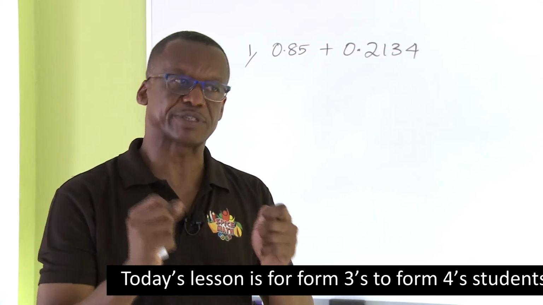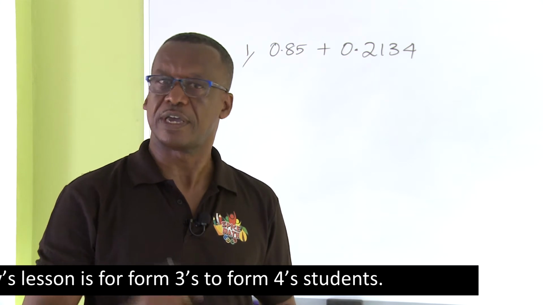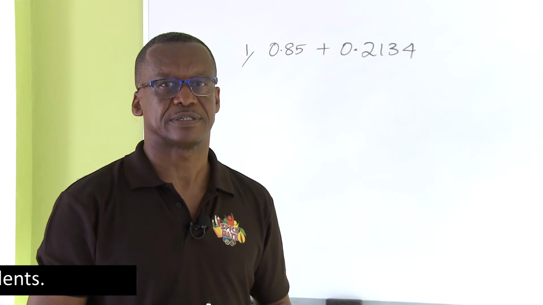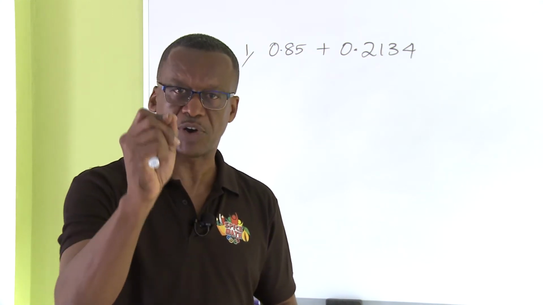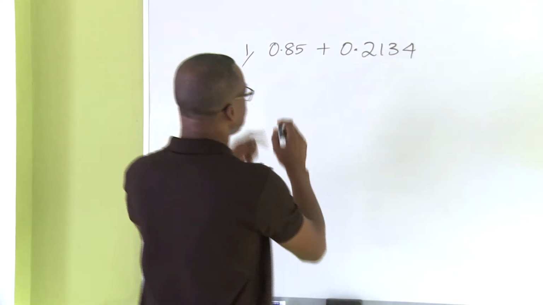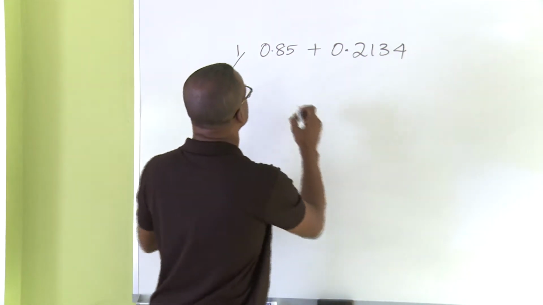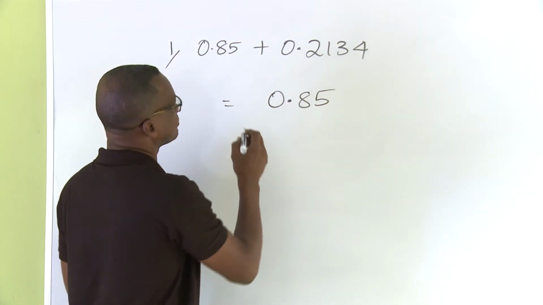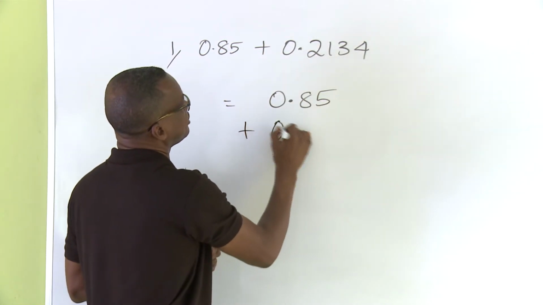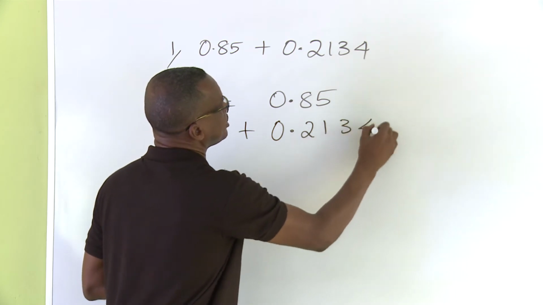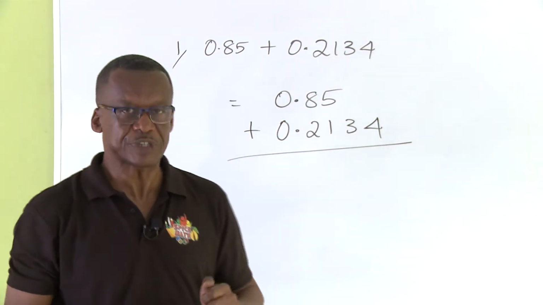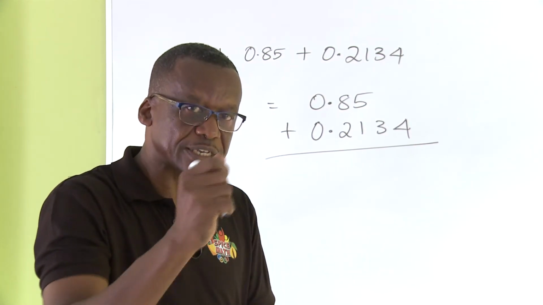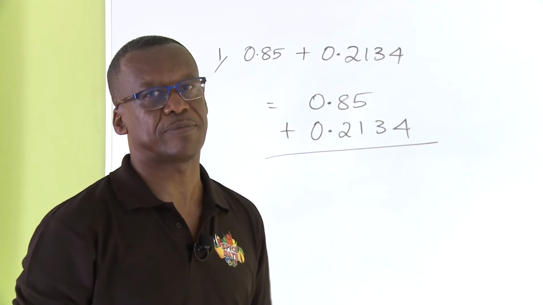If you're going to add or subtract decimal fractions, the position of the point is absolutely important. In fact, it is said that you need to put point on the point. So in this case, if I'm setting this question down, I'm going to put 0.85, I'm adding, plus 0.2134. So observe the position. The position of the point must be placed immediately under the point, the number above.